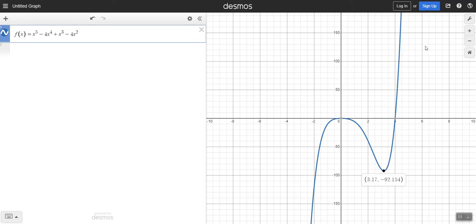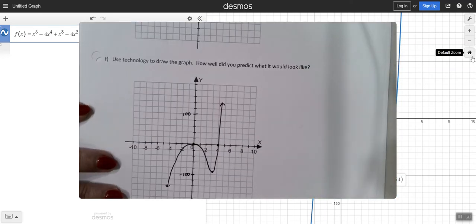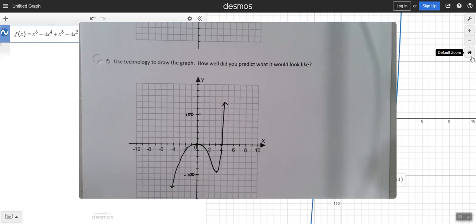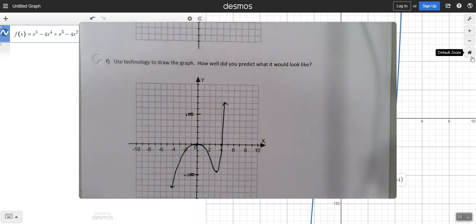And I'm just trying to sketch what I see now. I'm going to make that somewhat flatter turning point, and then that sharper turn at the minimum. So there's a little bit better picture of my graph. Again, we didn't do a terrible job, but there was a little bit more going on there than we could predict super accurately.